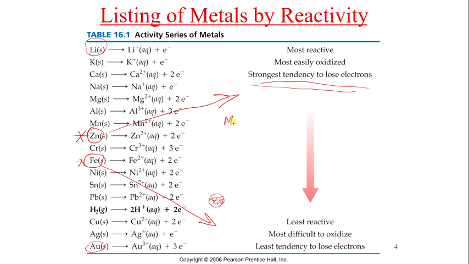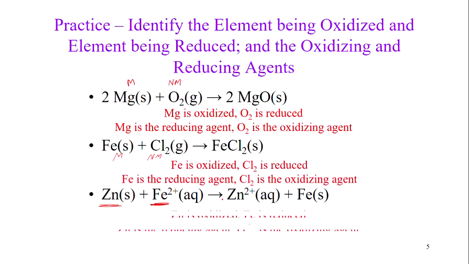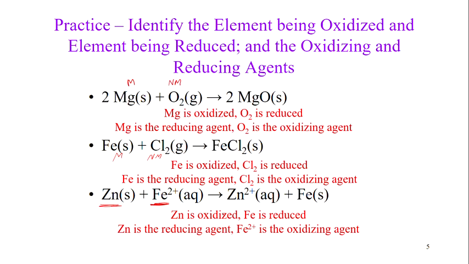So metal means oxidized, not metal, we may call that reduced. So back here, zinc is oxidized, Fe is reduced. Zinc is oxidized, it means reducing agent, and Fe is going to be reduced, so we call that oxidizing agent.